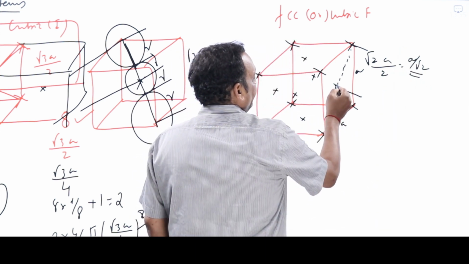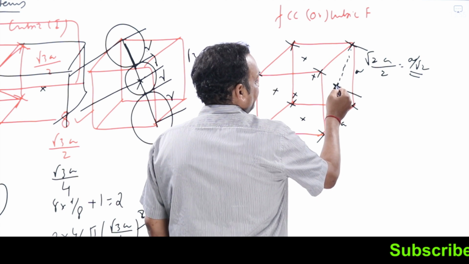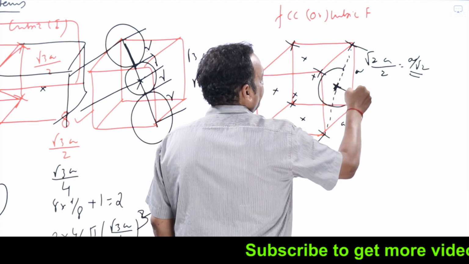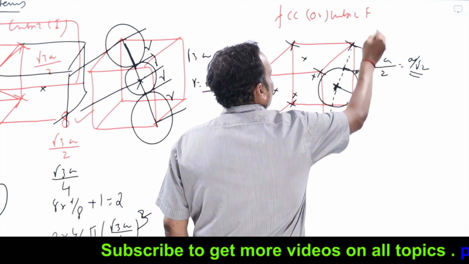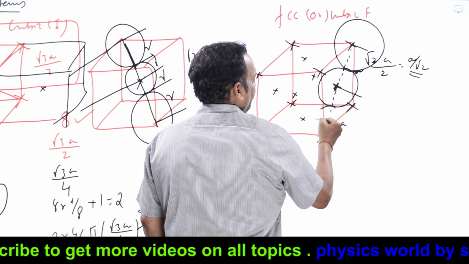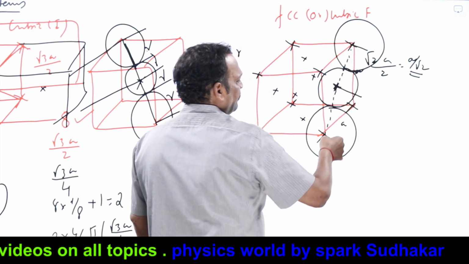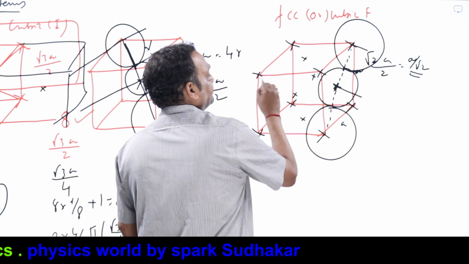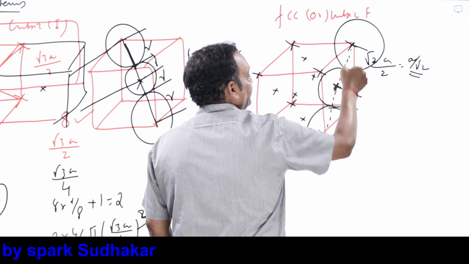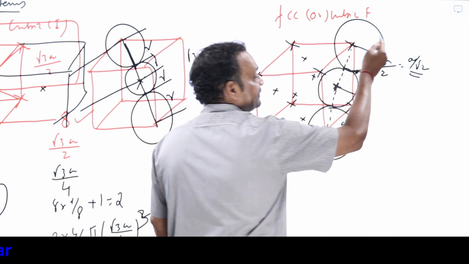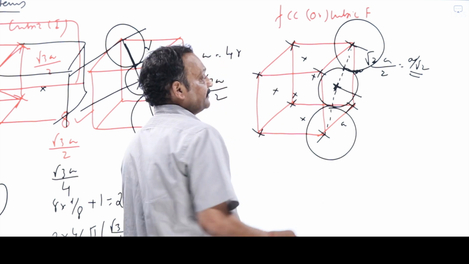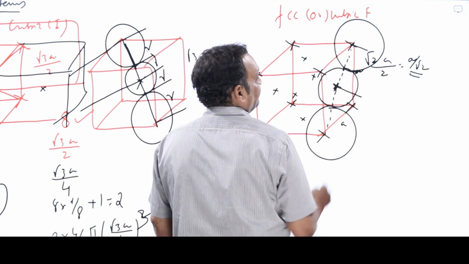If a lattice point is present here, an atom will be like this. One atom is like this, and because these are the closest atoms, these two atoms are at a distance of a by root 2, that is 0.707a. The adjacent atoms touch each other, as we have seen.